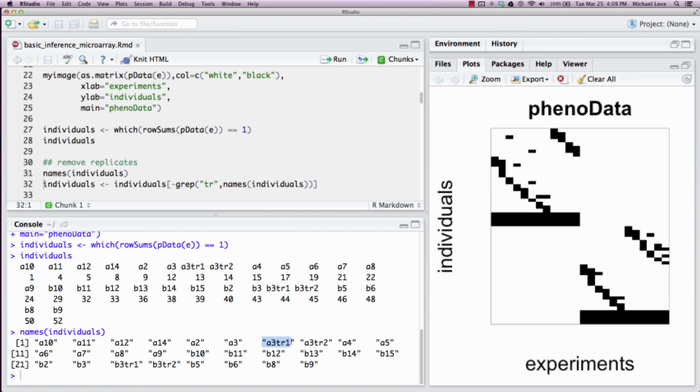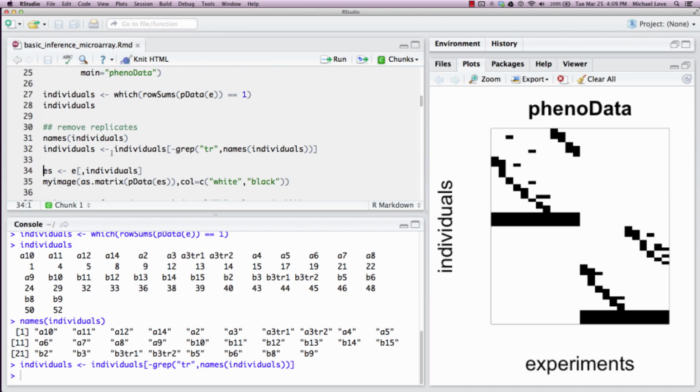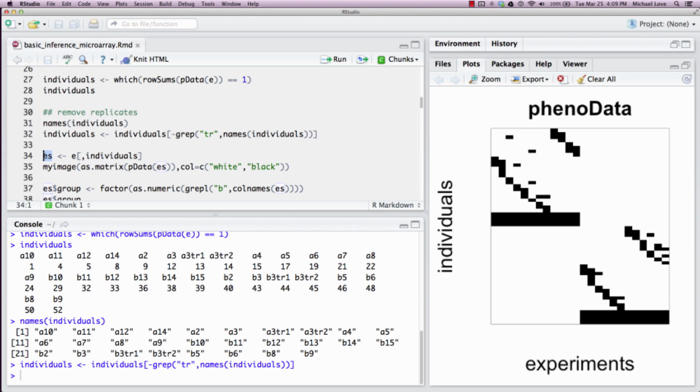So we don't want the technical replicates. So for instance, A3 TR1, A3 TR2, these are technical replicates of the same experiment. So we can use the grep function to find these, and then the minus to remove those samples which had the TR in the name.